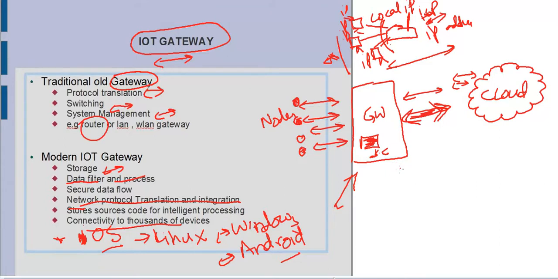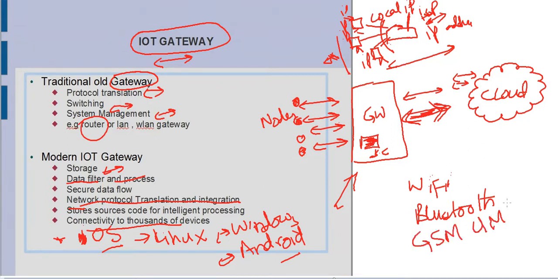For example, on a normal gateway, we can have Wi-Fi, we can have Bluetooth, we can have GSM, UMTS, we can have radio transmission.